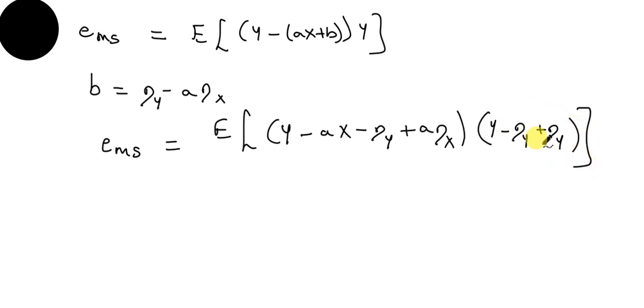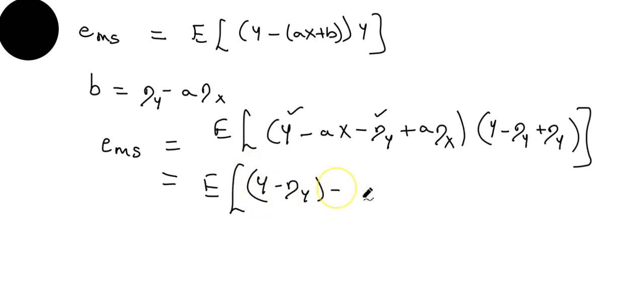Now start expanding this value. Here you have y minus eta y, so we will write these two things together, giving my EMS to be E of, rearranging my terms, y minus eta y put together minus a into x minus eta x. I am taking this term and this term.